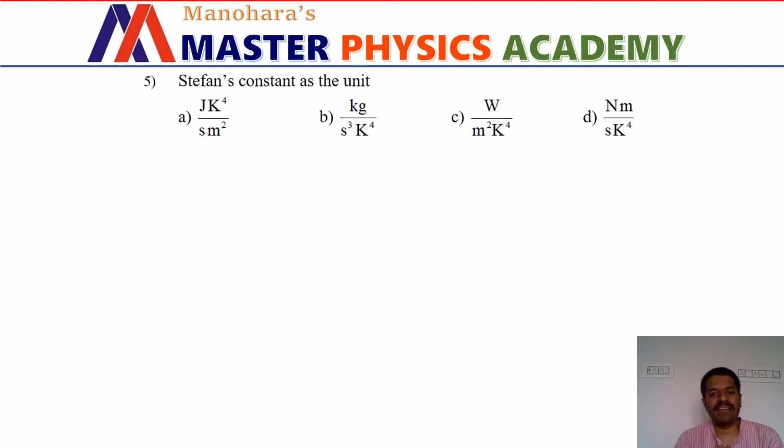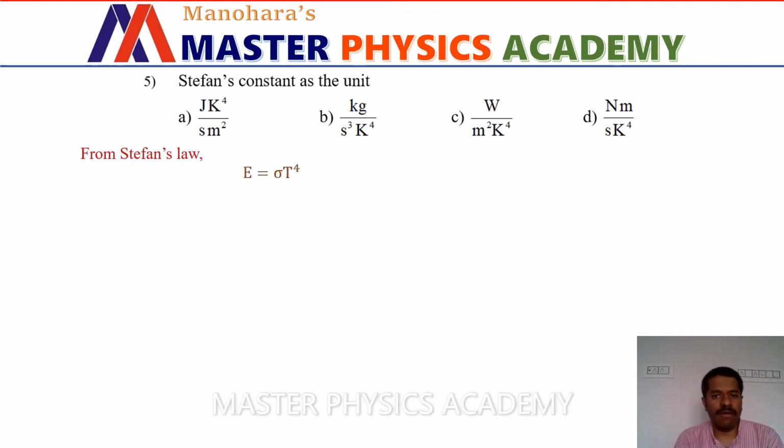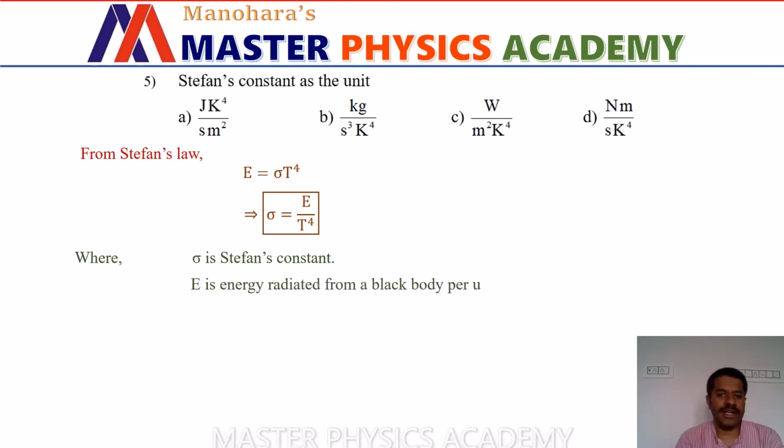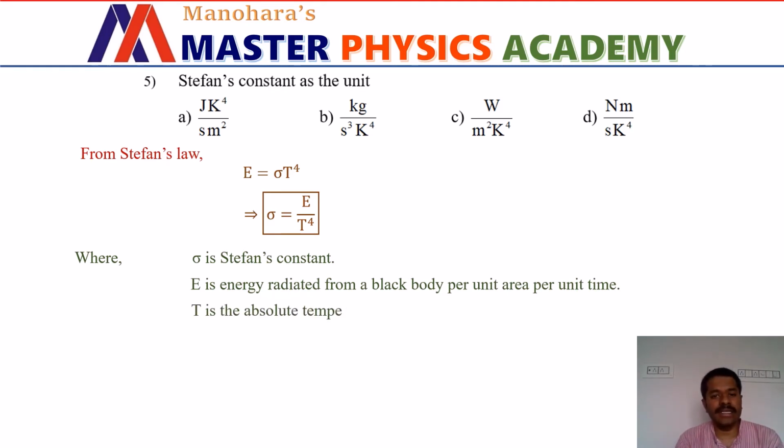Stefan's constant has the unit... From Stefan's law, we have E is equal to sigma T power 4, or else it can also be written as sigma equals E divided by T power 4, where sigma is Stefan's constant, E is energy radiated from a black body per unit area per unit time, and capital T stands for absolute temperature of the given black body.